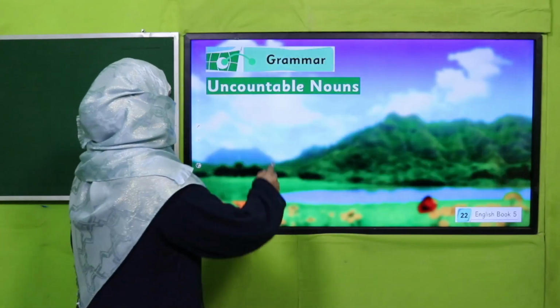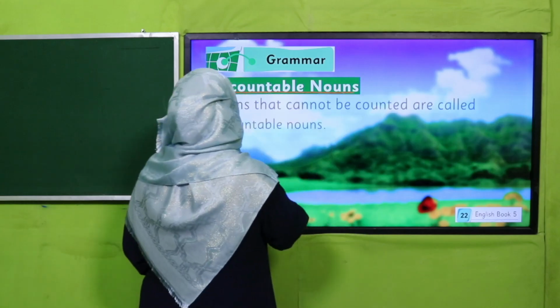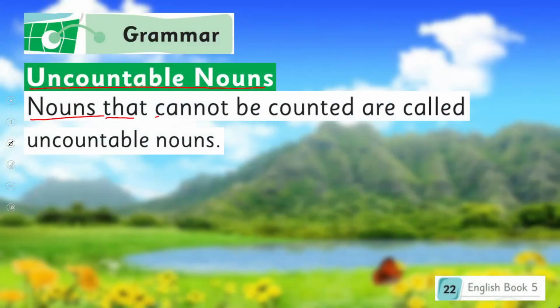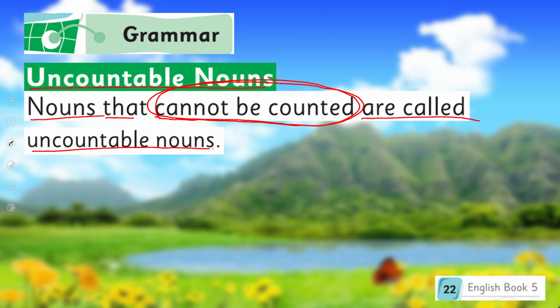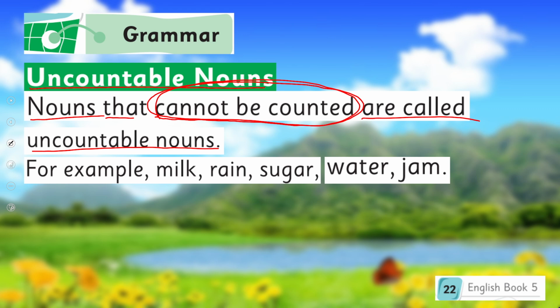And what is uncountable? Uncountable nouns: nouns that cannot be counted are called uncountable nouns. And its examples are milk, rain, sugar, water, jam.